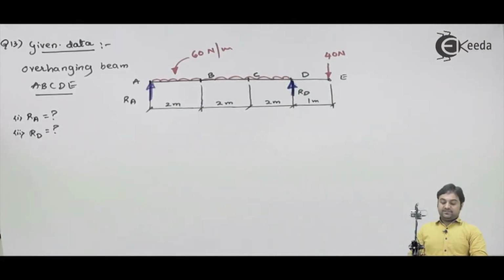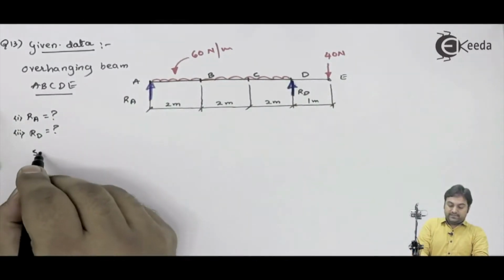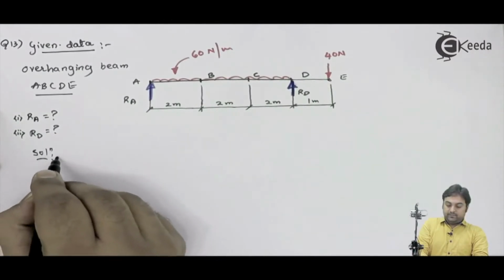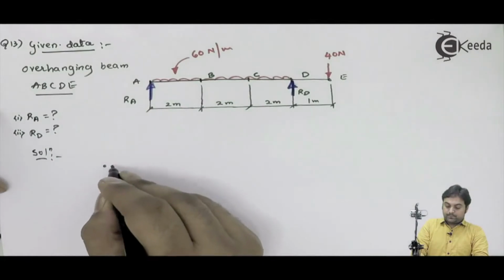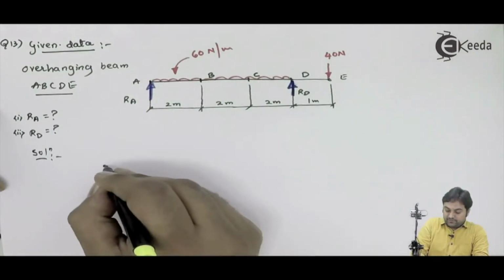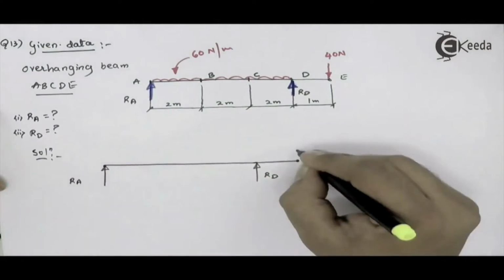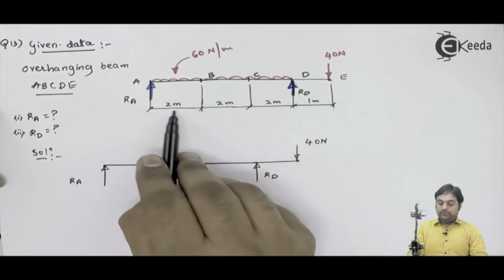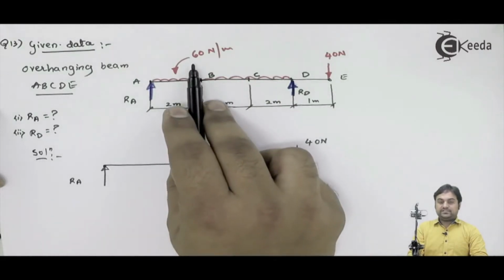It means these are our questions. Now, this is the first question we are solving on overhanging beam, where we have to find out the reactions. I'll start with the solution by converting UDL into a point load. So we have to draw the section of the beam again. Now, UDL is up to 6 meter length. Its value is 60 Newton per meter.